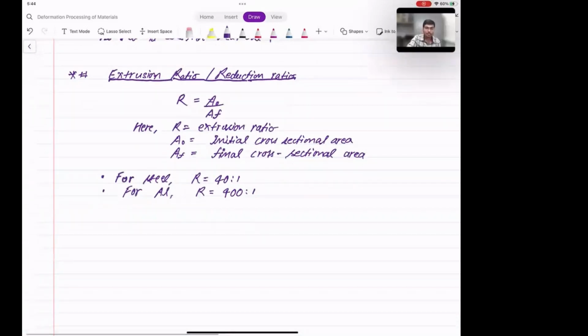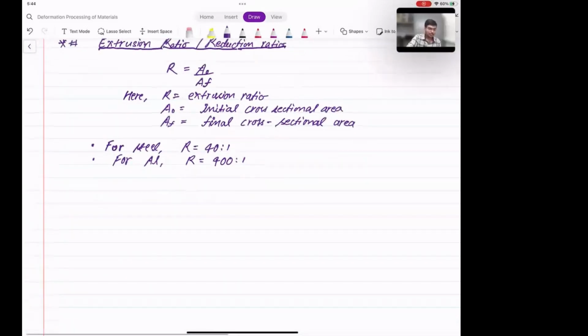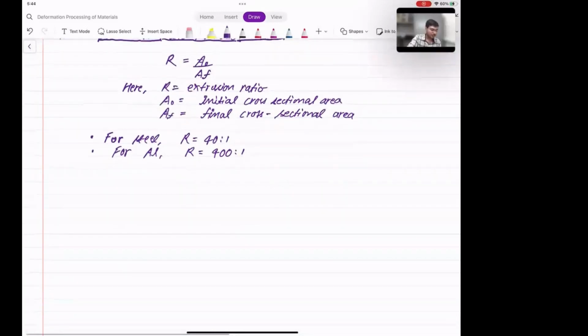We can even represent this in terms of diameter if the cross section is circular. So let us assume that the cross section is circular in shape.